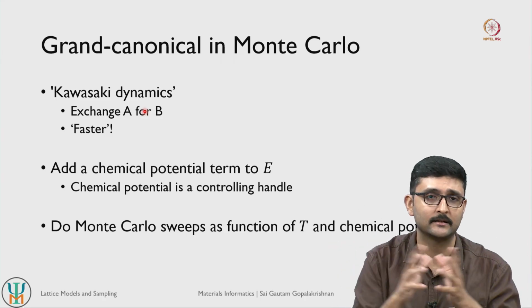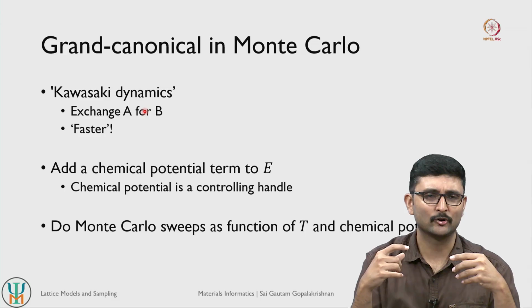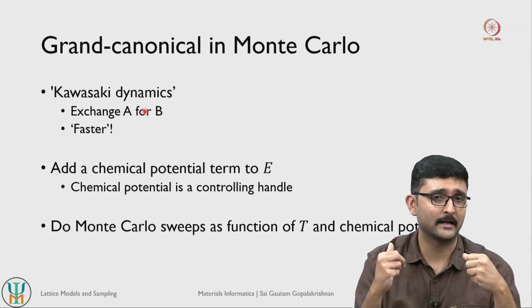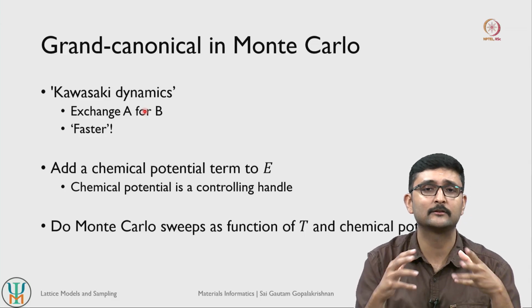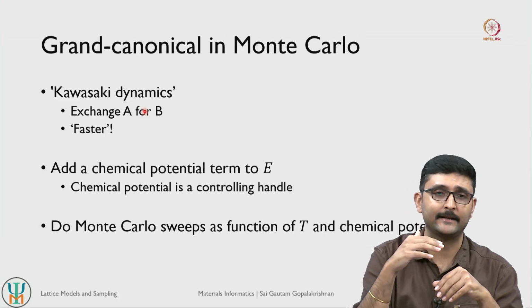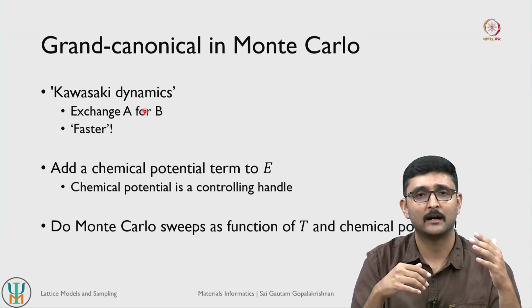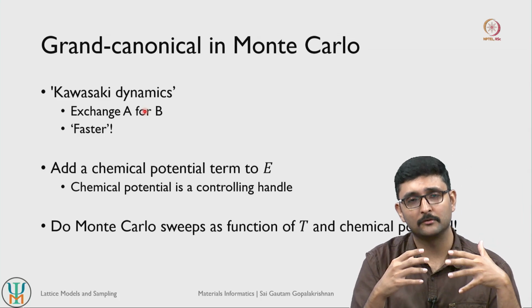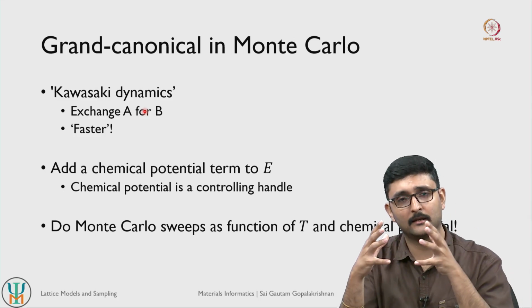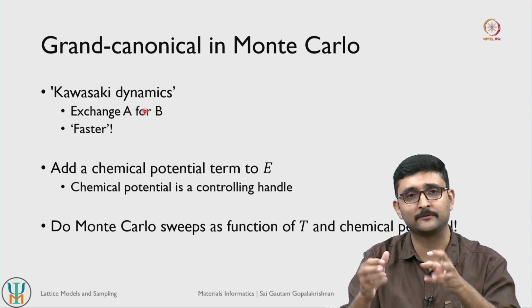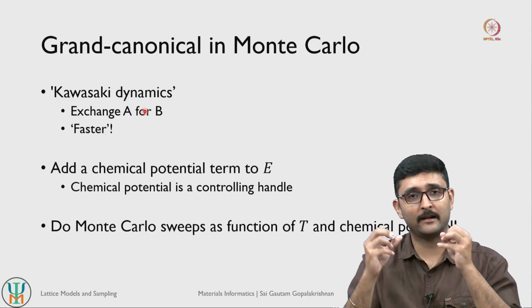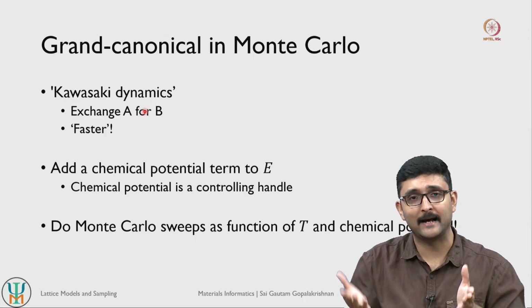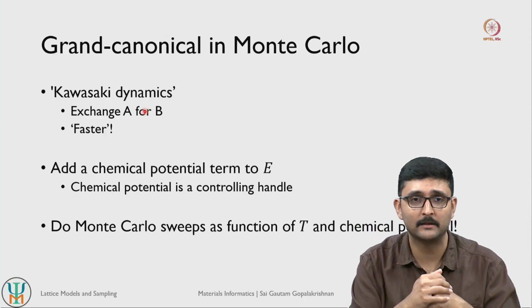So that your concentration is fixed. So you can do canonical Monte Carlo, but canonical Monte Carlo typically leads to very slow convergence, right. So if you are interested in tracking phase transitions or constructing phase diagrams, you can use canonical Monte Carlo, but the amount of Monte Carlo steps or sweeps that you will need to arrive at averaged quantities will be larger, and hence your phase diagram construction will be slower.